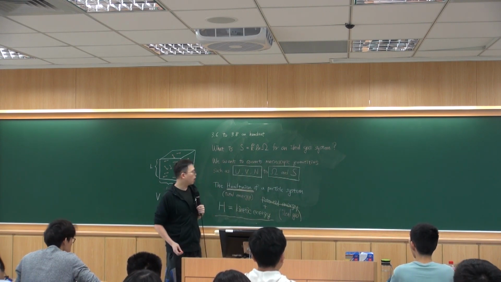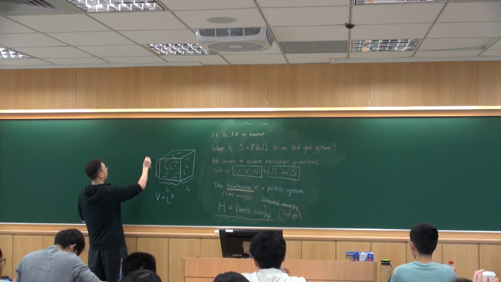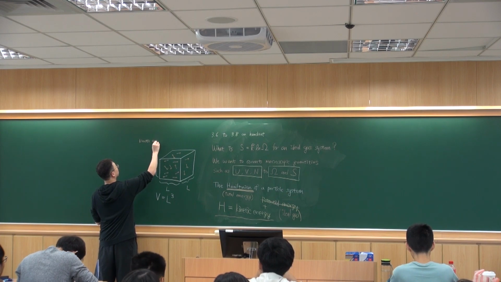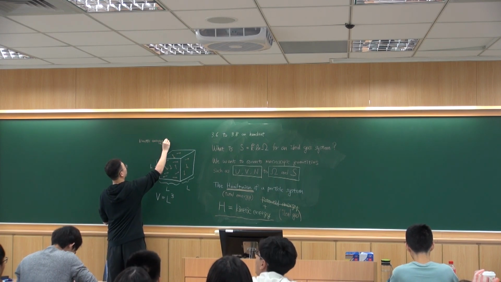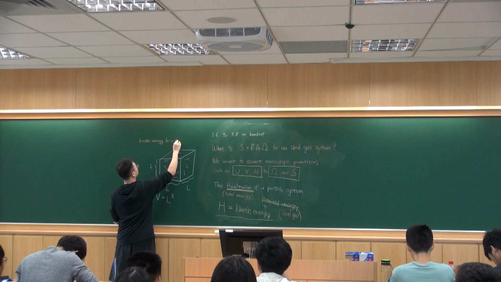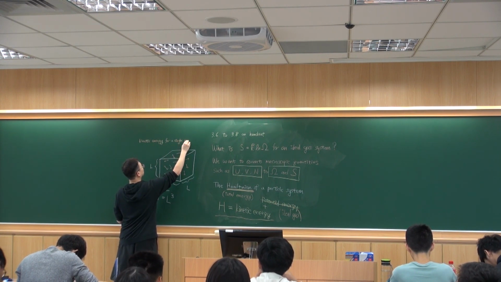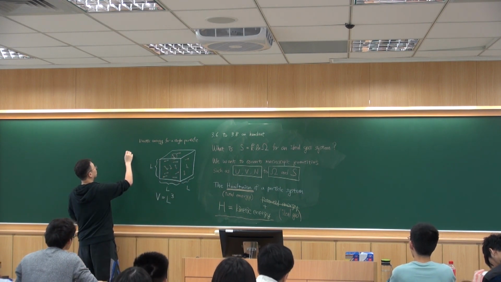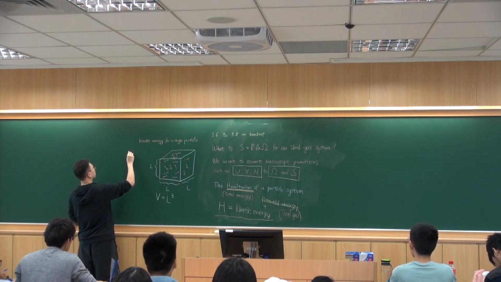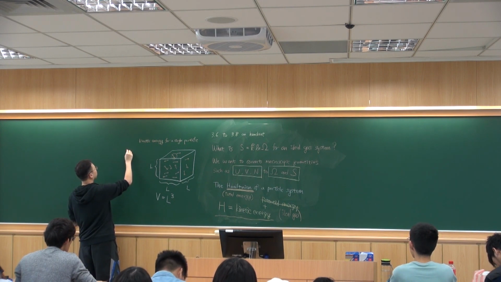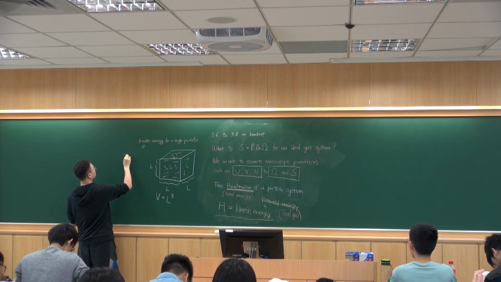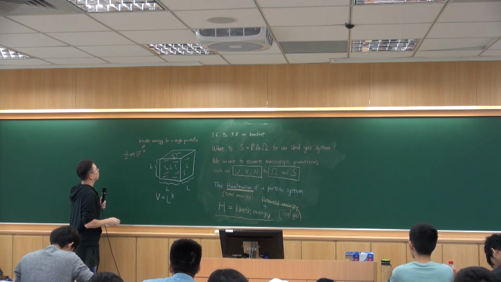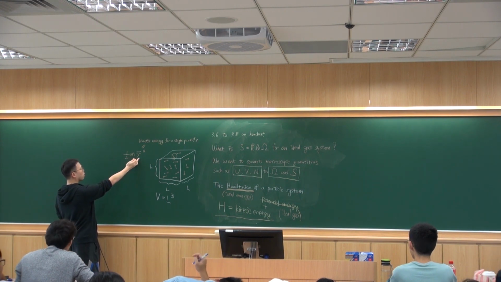If you don't know how to calculate kinetic energy, for a single particle, for this one particle, it's typically written as, let's say, one half times m times v squared.